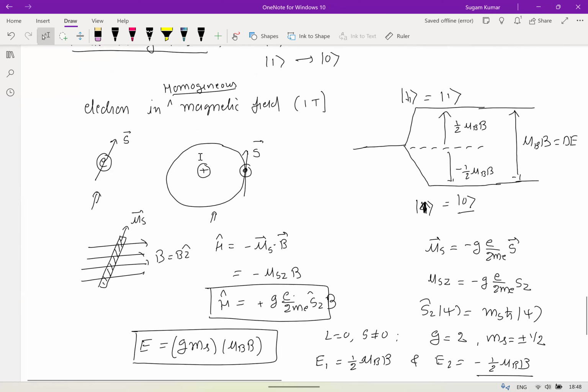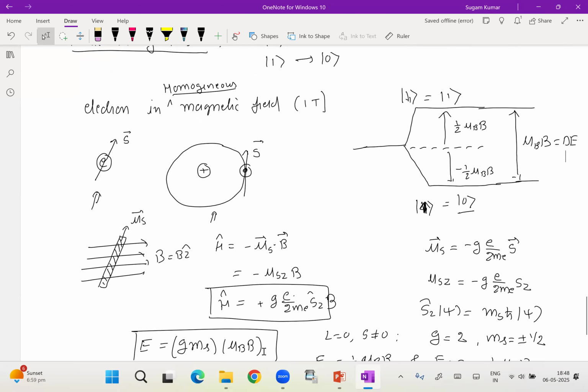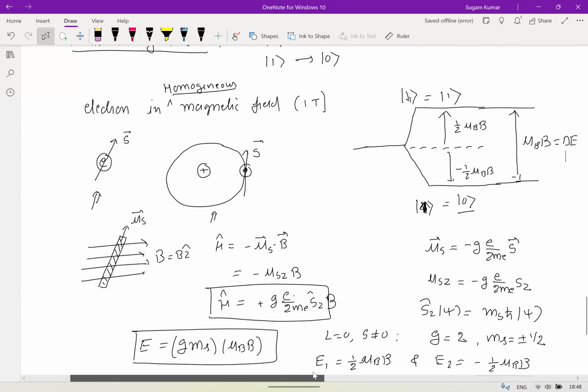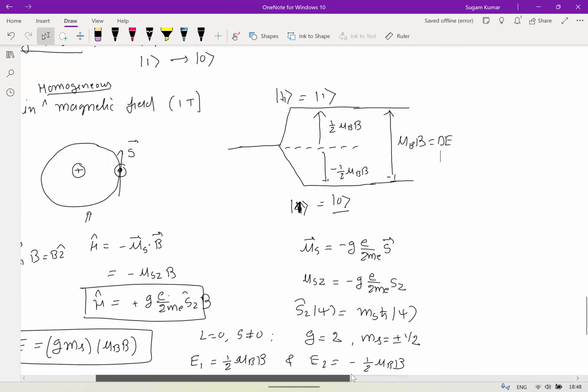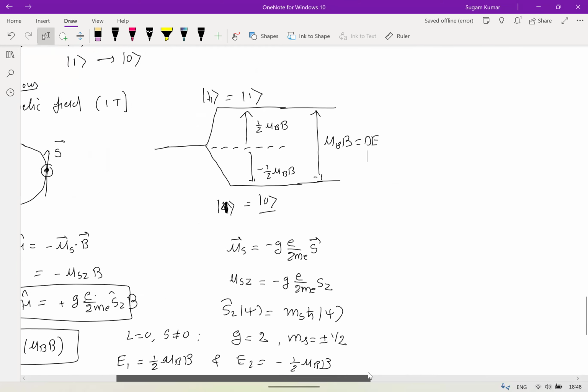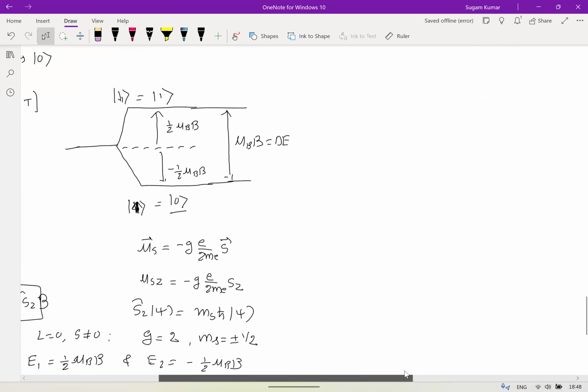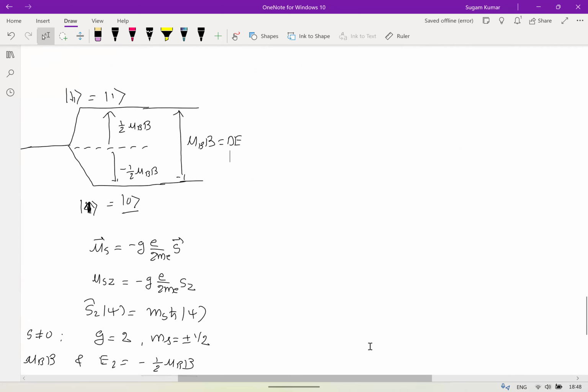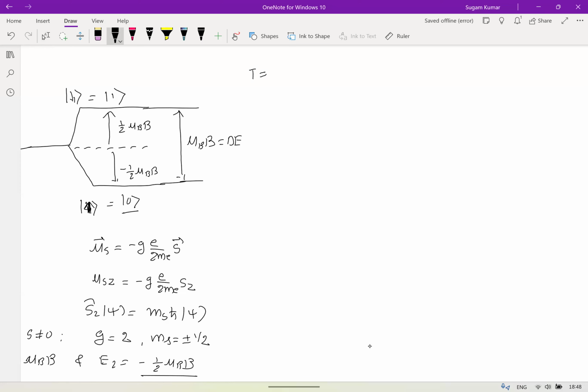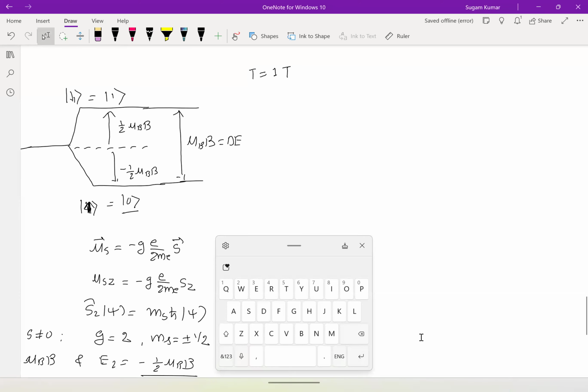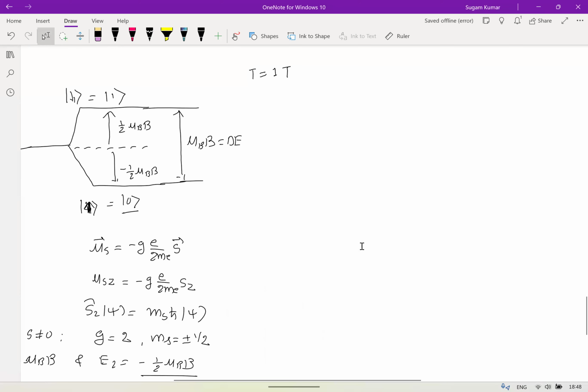So these are the spin separations which you're going to have here. And let us say we try to include the nuclear spin in the case of an atom. Then in that situation the net spin is going to be a combination, so you have to find the net spin.